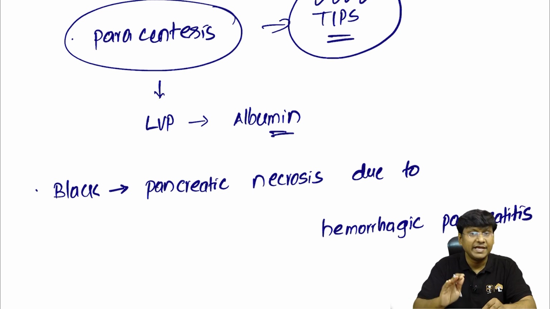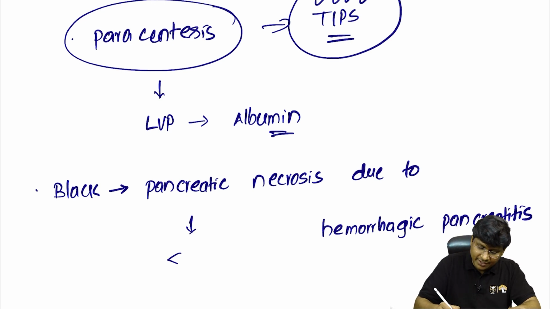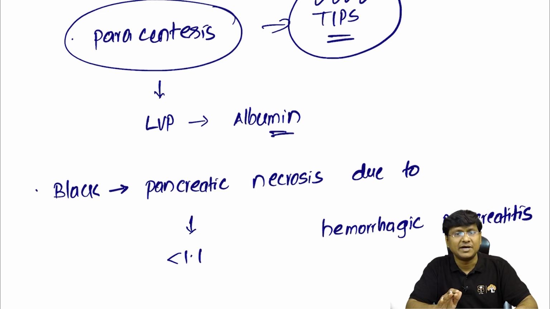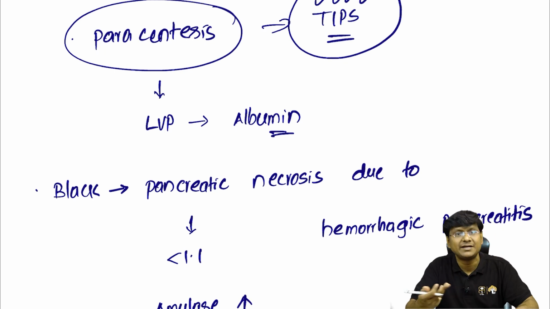And what will be the SAAG value here? The SAAG value will be less than 1.1 grams per deciliter. And in pancreatic necrosis, the amylase levels in the peritoneal cavity are also increased.